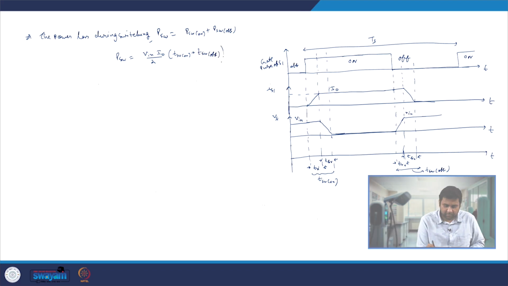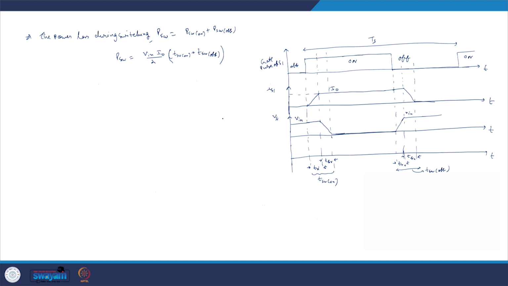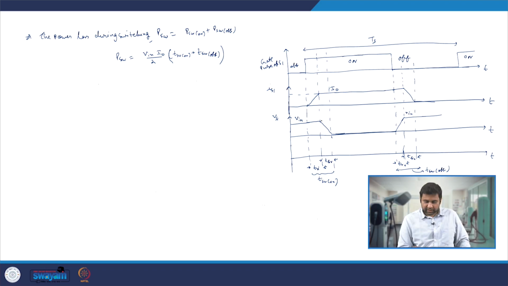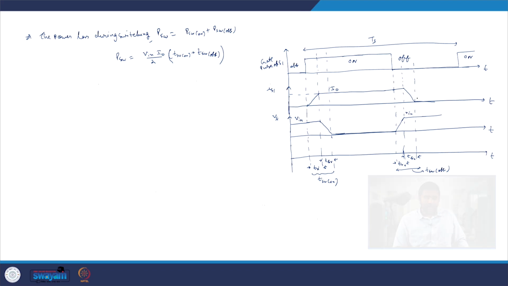That means the time during which, while going for turn on, the current rises from 0 to I naught and voltage falls from Vin to V naught, plus the time during which, during turn off, the voltage goes from 0 to Vin and then the current falls from I naught to 0, that summation of time multiplied by Fsw.